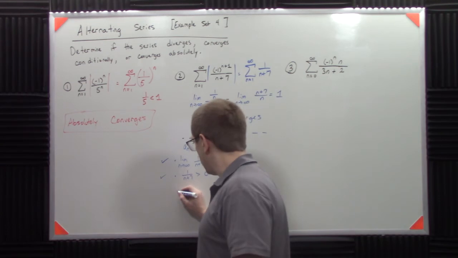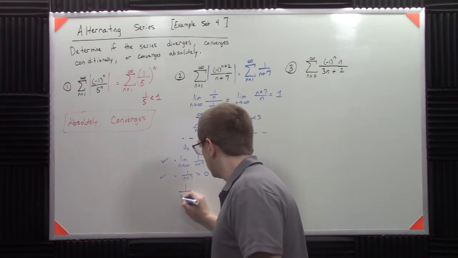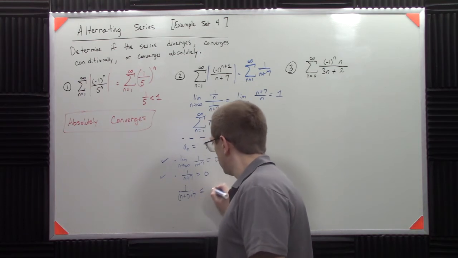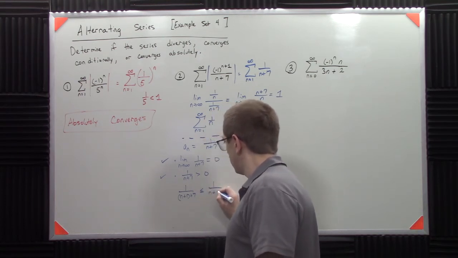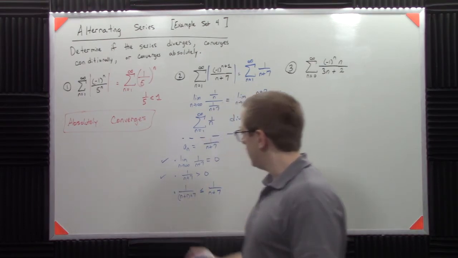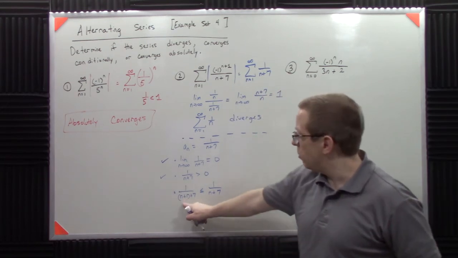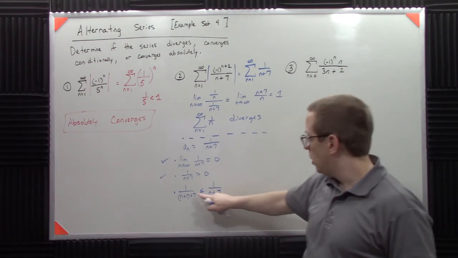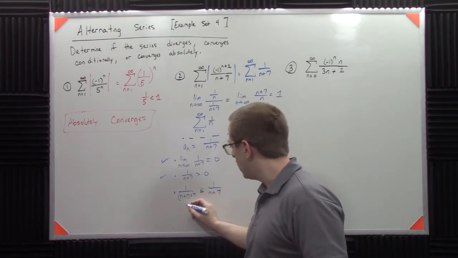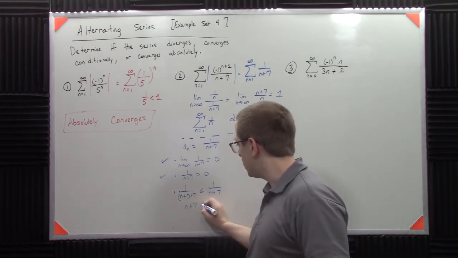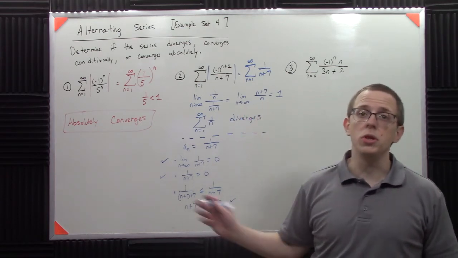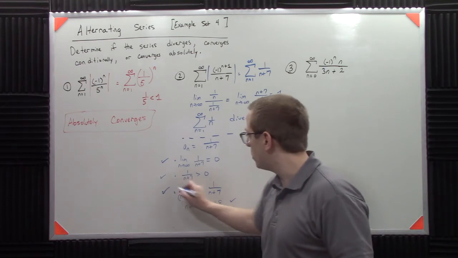Now we have to ask, is it a decreasing sequence? Is the n plus 1th term less than or equal to the nth term? Well, if we cross multiply here, you get n plus 7 is less than or equal to n plus 8. Well, that's clearly true because 7 is less than 8. So I'll put the check mark here.